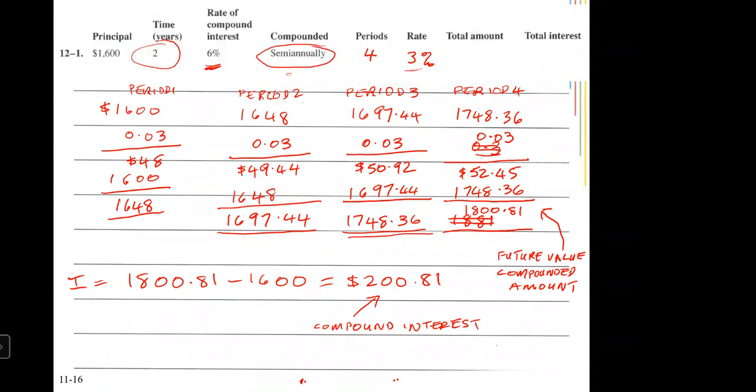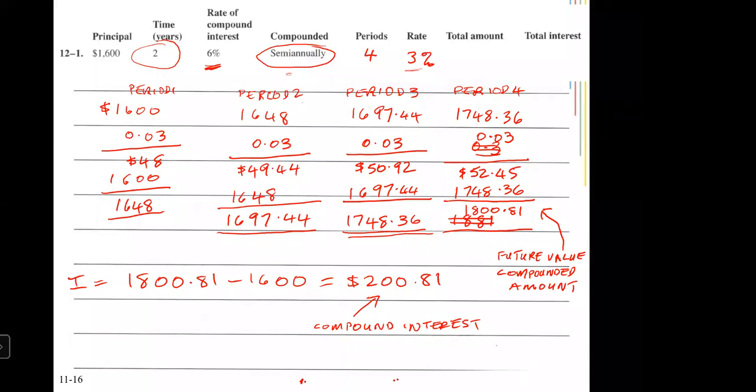Okay. Now, suppose this was simple interest. How much would you earn? How would you calculate simple interest on this? $1,600, 2 years at 6%. What's the formula for simple interest again? Principal times rate times time.